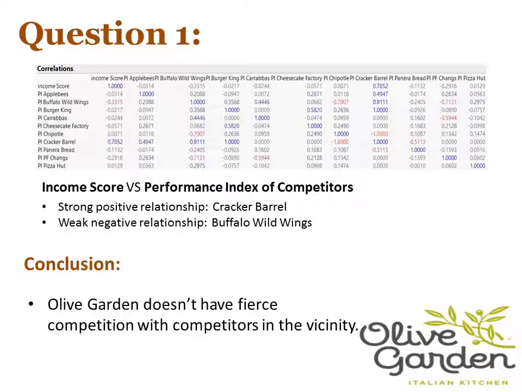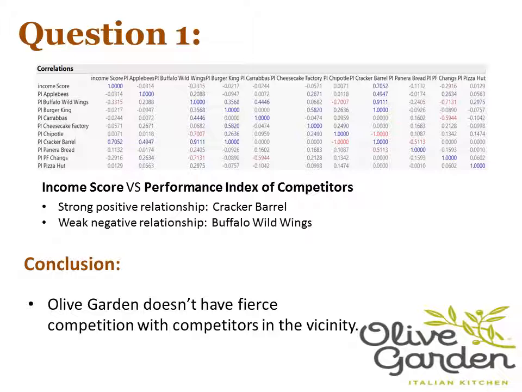Then I run a correlation between income score and the performance index of competitors. And I found that it has a strong positive relationship with the performance of Cracker Barrel, but has a weak negative relationship with the performance of Buffalo Wild Wings.